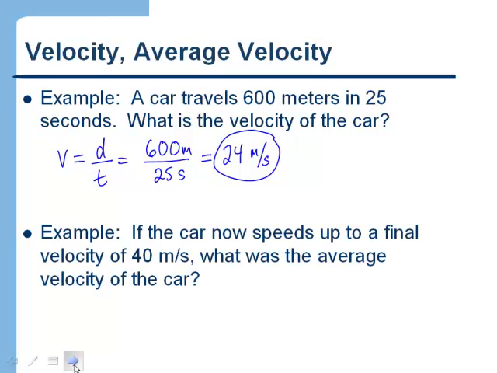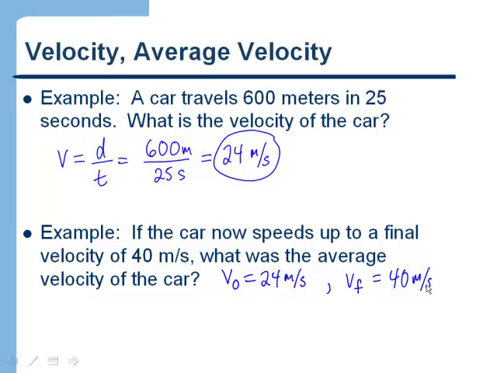So now let's continue. It says if the car now speeds up to a final velocity of 40 meters per second, what was the average velocity of the car? So in other words, we know its initial velocity, V naught, is 24 meters per second. And we know its final velocity is 40 meters per second. And so the average velocity during that time is going to be somewhere in between that.